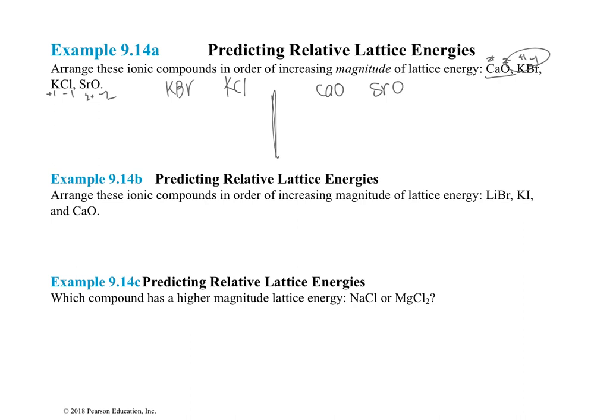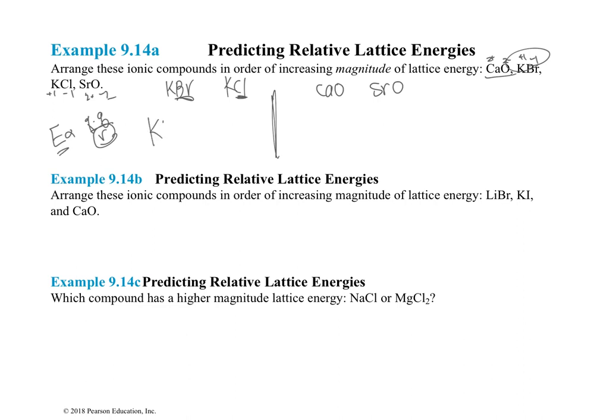So we want to look, who is bigger, bromide or chloride? We look at our periodic table, bromide is below, so it means it's further apart. Because bromide has a bigger radius, remember E is proportional to the charges divided by the radius. So since bromide has the biggest radius, it's going to have the smallest force compared to these two.